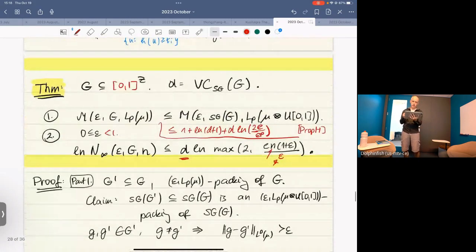So in the first one, you also see that the 1 over epsilon comes in, but it comes in because of Haussler's result. In Haussler's result, we were trading off the log n term with a 1 over epsilon term. The same thing is happening here because the second inequality is just Haussler's result, basically. And in the second result, you can directly see how this 1 over epsilon comes in.